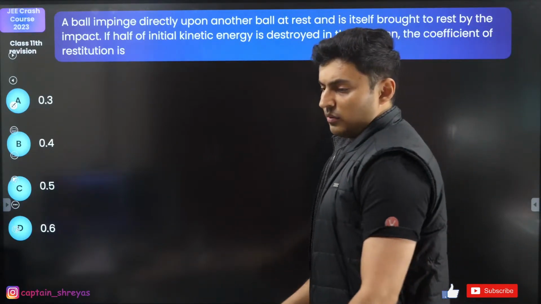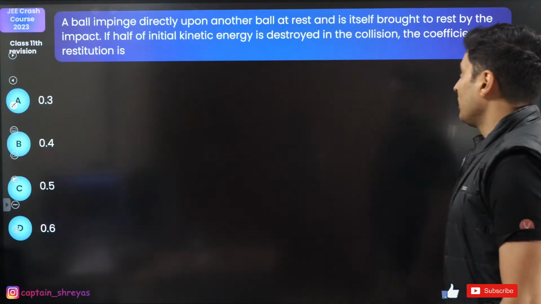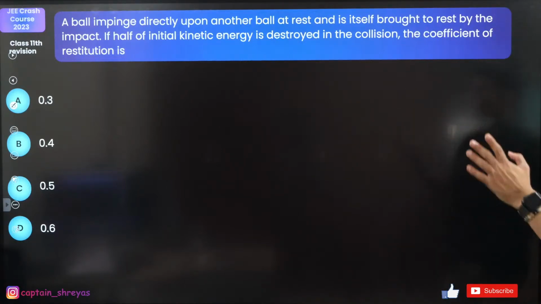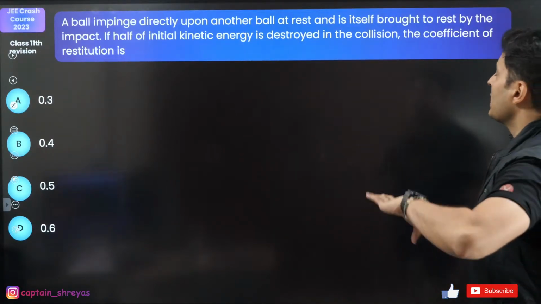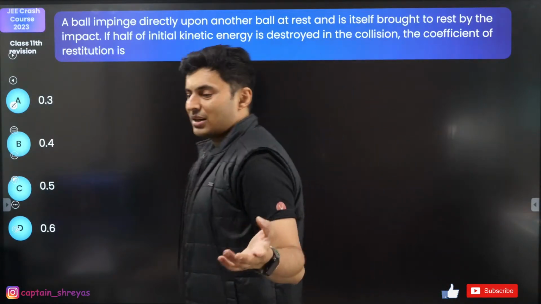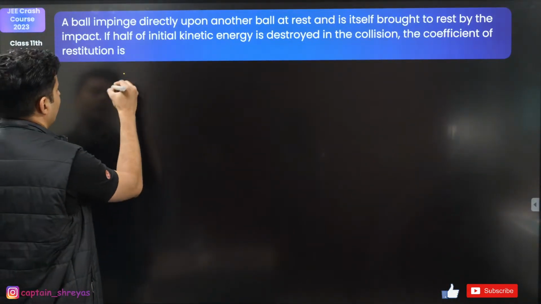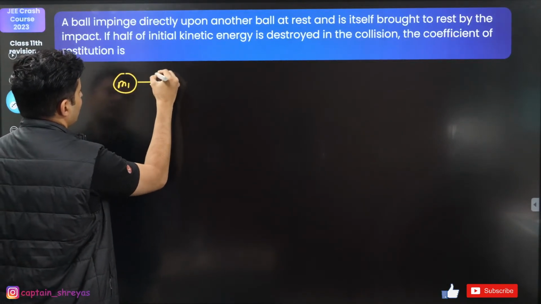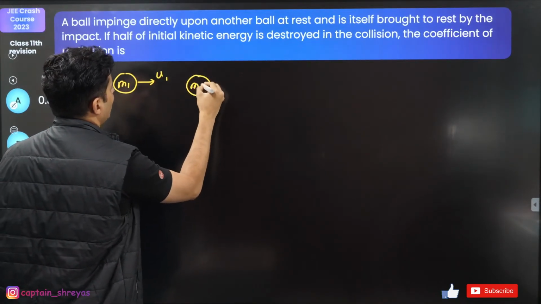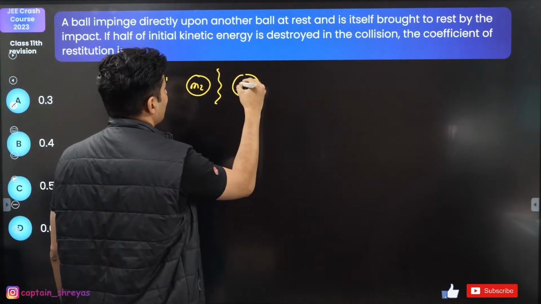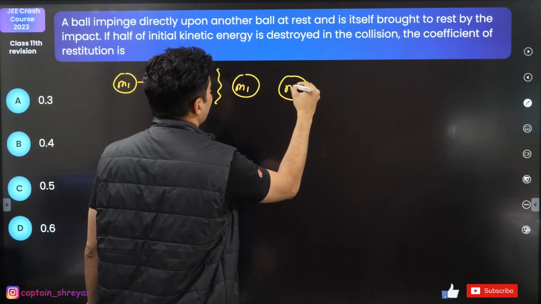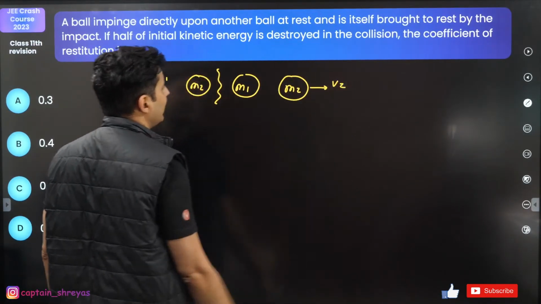There is a ball which hits another ball, and that itself comes to rest. Half the energy gets destroyed. The coefficient of restitution is? Let's visualize this and then solve further. Mass M1, speed U1. Mass M2 at rest. The first mass comes to rest. The second mass moves with some speed V2.